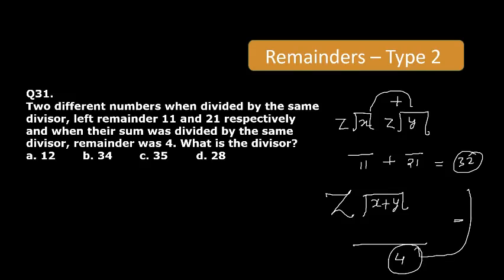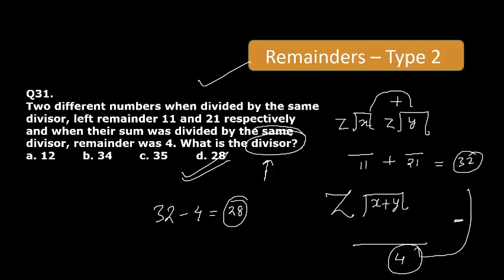So what is the difference between these two? That is your divisor. Simple. It must come 32, but it is coming 4. It means your divisor is definitely 28. I hope it is clear. So this was type 2, in which the divisor is your question. What is the divisor? Similar type, right?